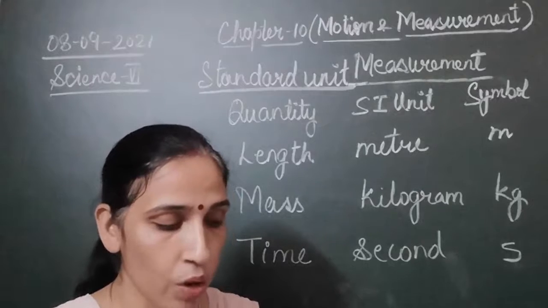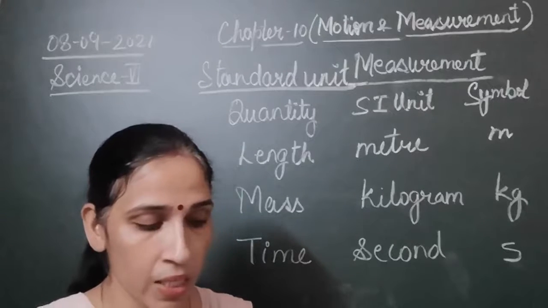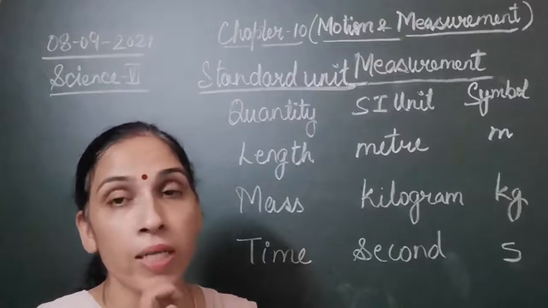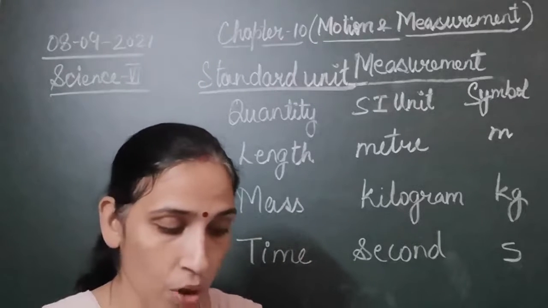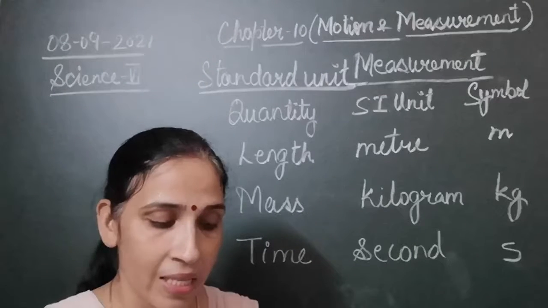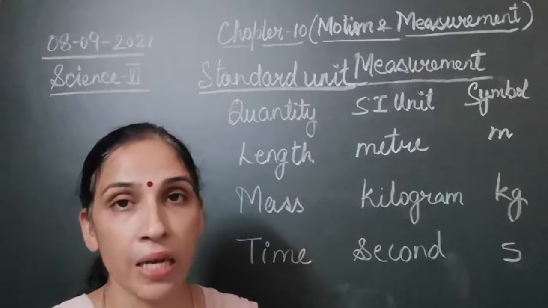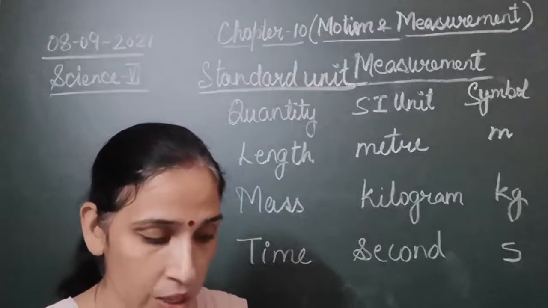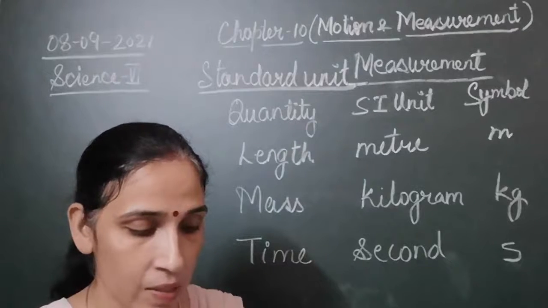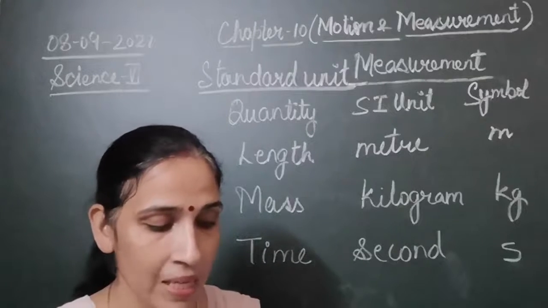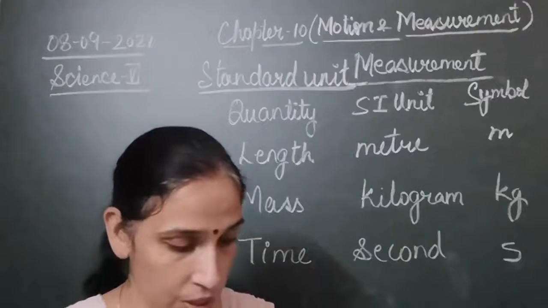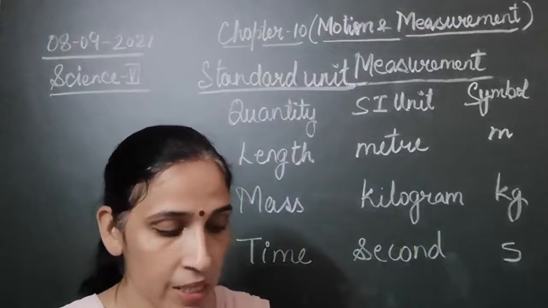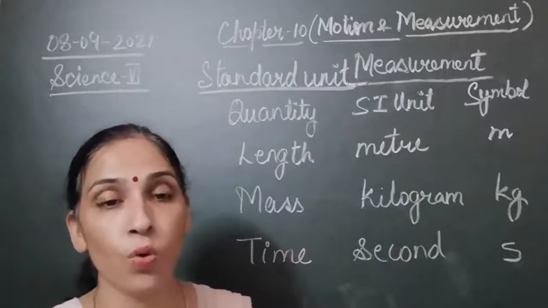The set of units adopted in this conference is called the SI system of units, or Système International d'Unités in French, that is, Standard International System of Units. This system is used all over the world.